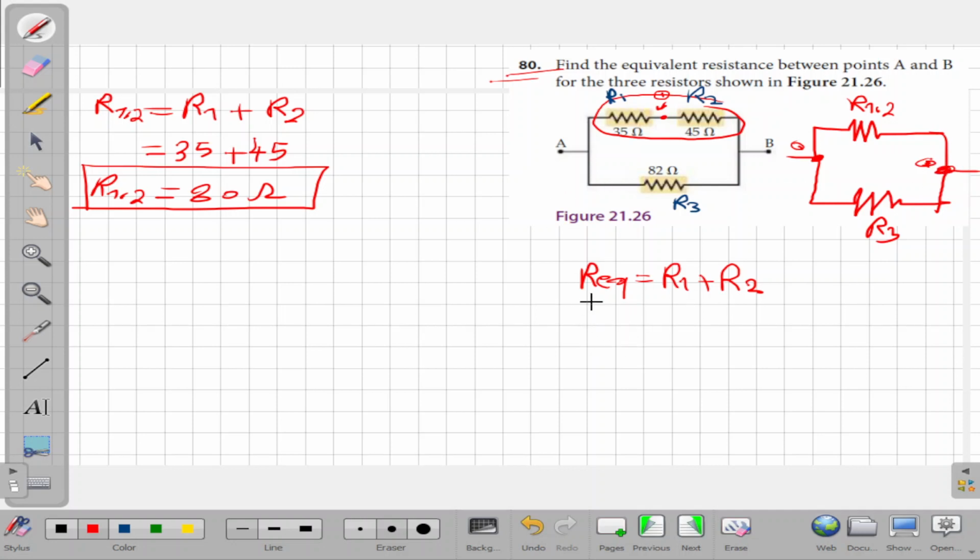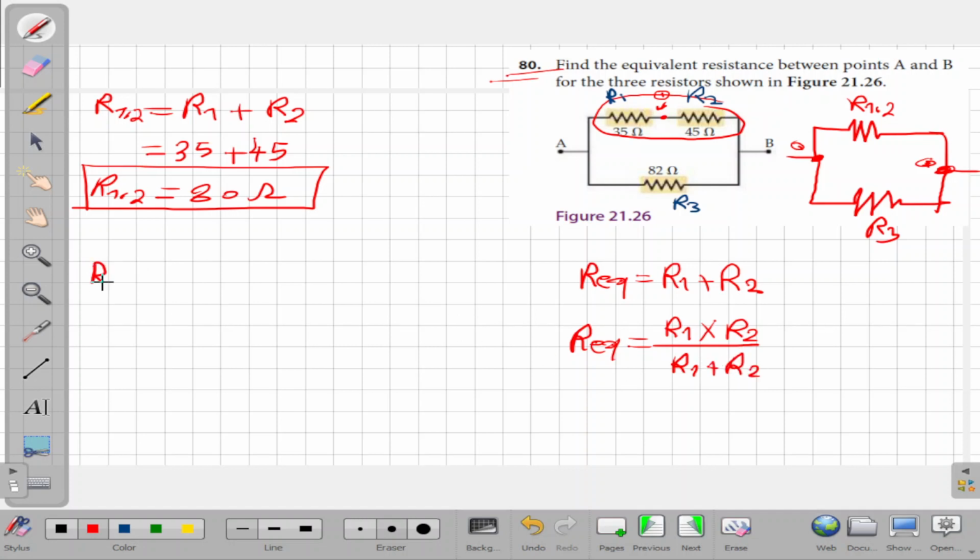Since we have two resistors in parallel, we can find the equivalent resistance of this group of resistors by simply applying R equivalent equals R1 times R2 over R1 plus R2.